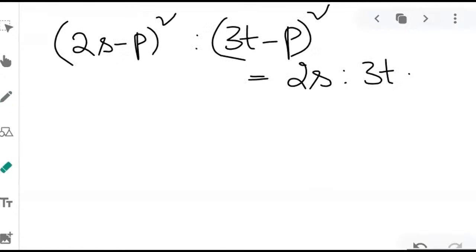Sorry, take two values. Don't take the value of p; take the value of s is equal to 2 and t is equal to 3 and substitute it here. Now what will you get?